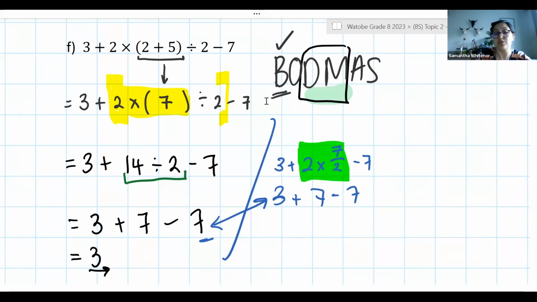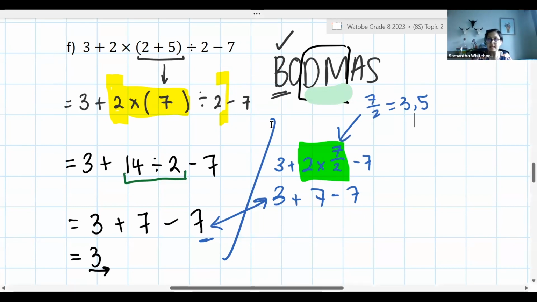I choose to write things as fractions. I prefer fractions. 7 over 2 is 3.5. Okay, well done. I feel like there were quite a few questions coming in here. Bulela, I hope that all makes sense now in terms of the fraction and the 3.5. I hope we're understanding that.